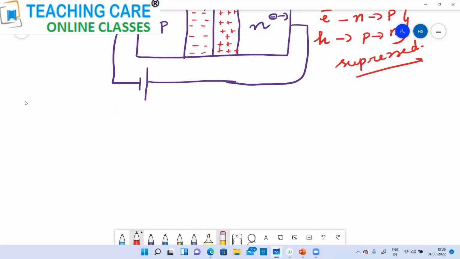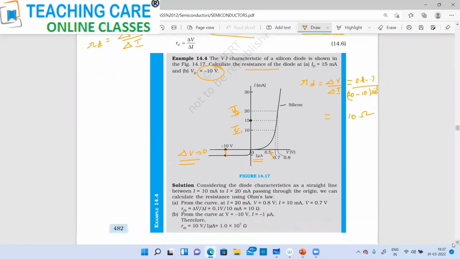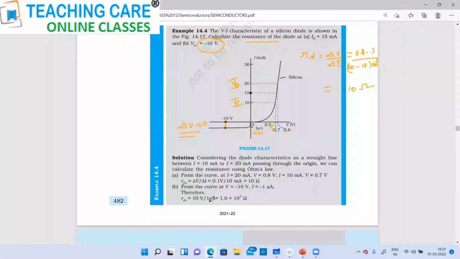Minus 10 divided by... For the second one, I'm not getting minus now. I'm getting a very high number. The voltage is negative voltage, isn't it? Minus 10 divided by 1 microampere.